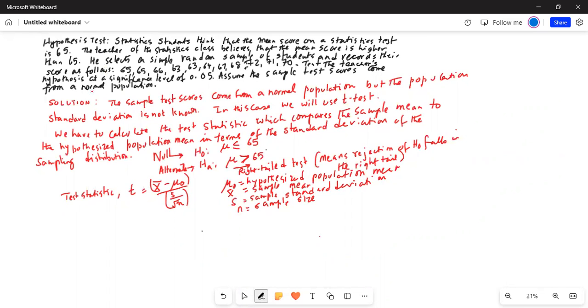Okay, so to calculate S and x bar, enter data in L1 of TI-84. L1 means list 1 in TI-84. So we do stat.